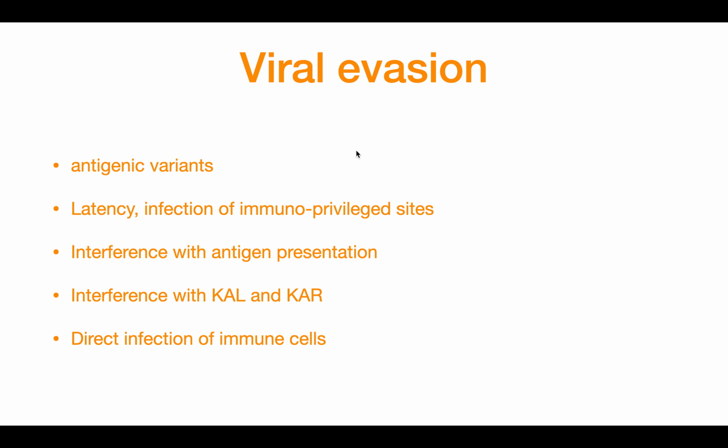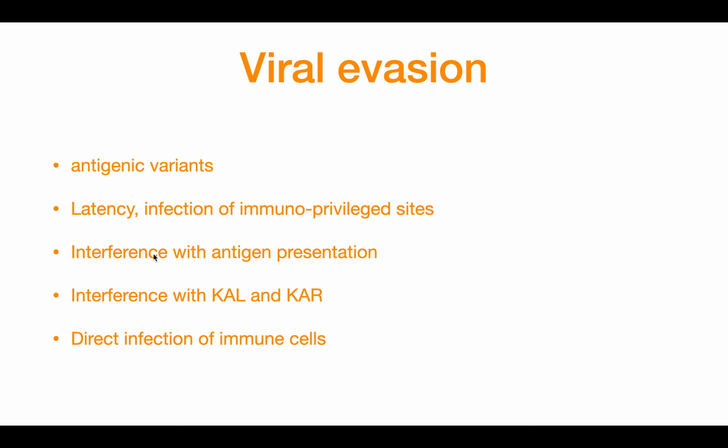The viruses will evade the immune system by creating antigenic variants thanks to mutation. It can go into latency where the host cells won't be able to find it. Infection of immunoprivileged sites, such as places that are bare from the blood-brain barrier, such as the central nervous system, the spinal cord.